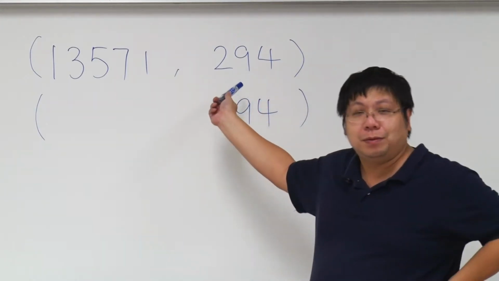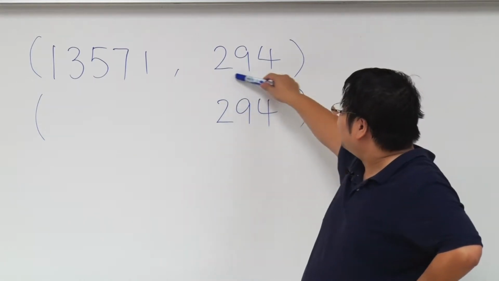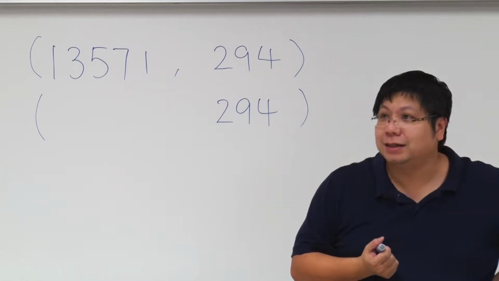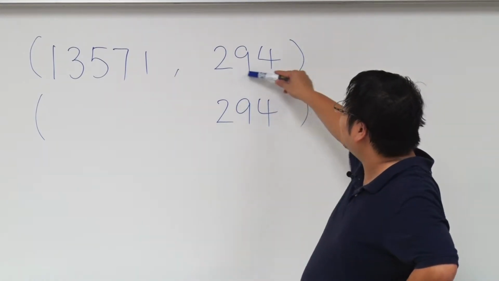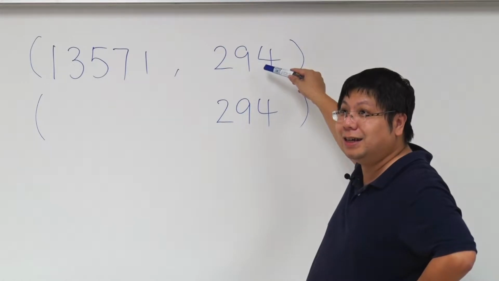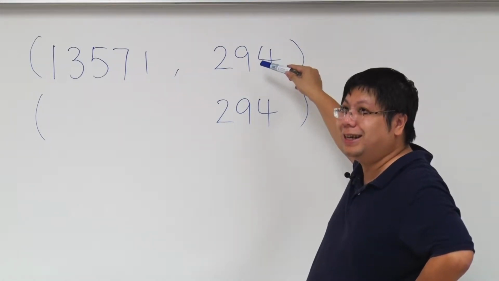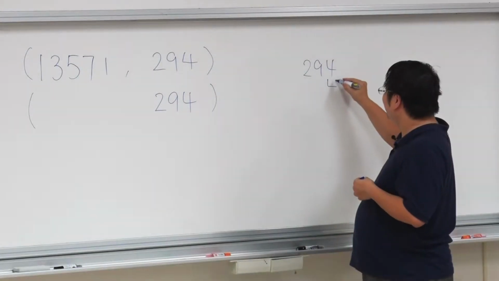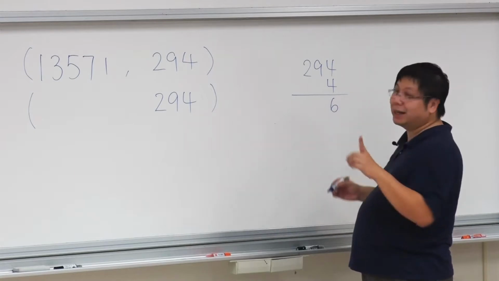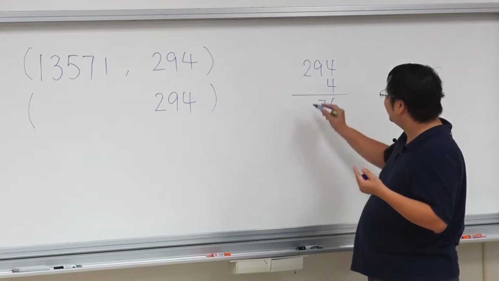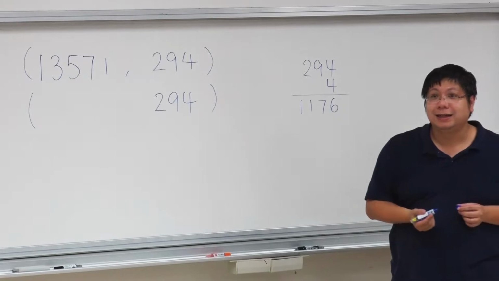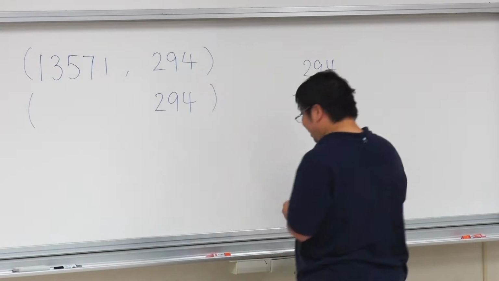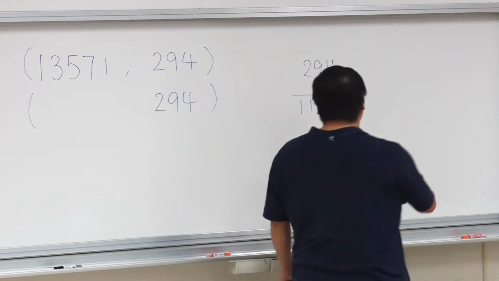So 4 times this number, what do we get? 1176. Am I correct? 1176. So 13, no, oh, too large. So let's use the long division. Don't be lazy.